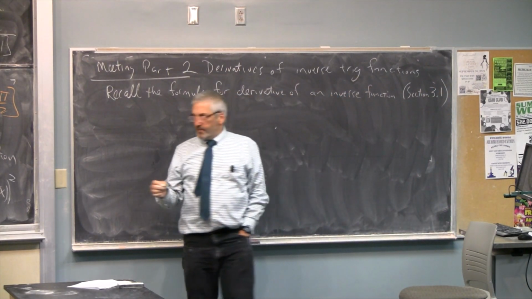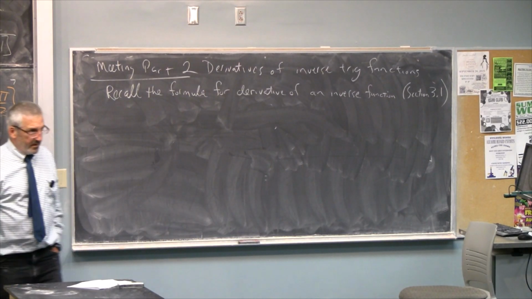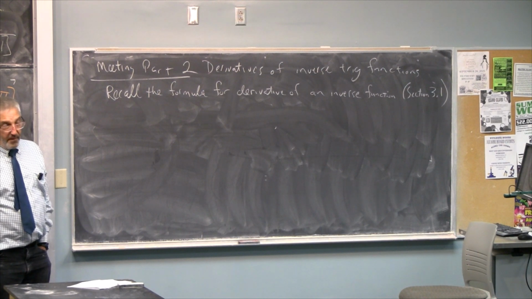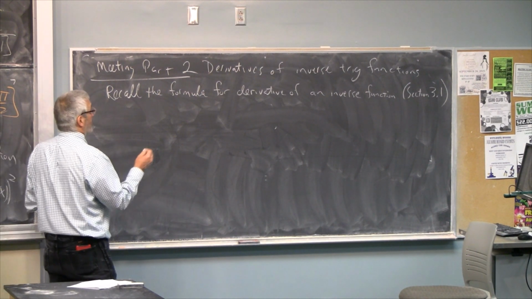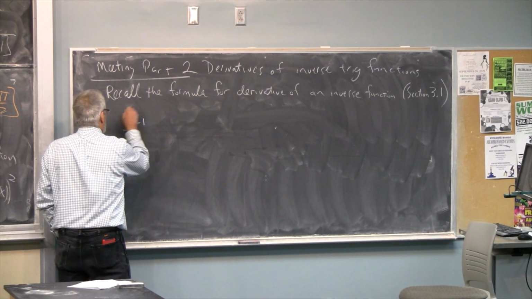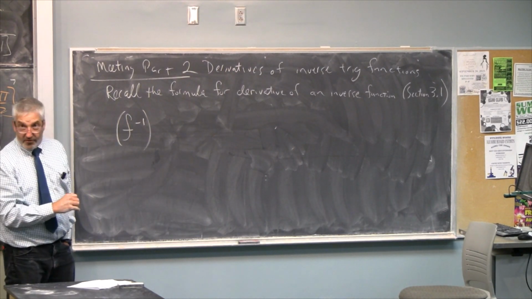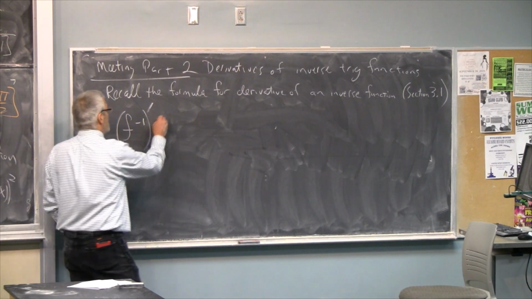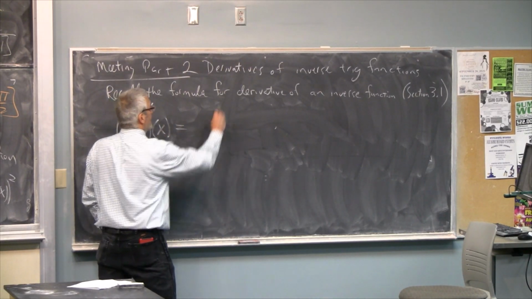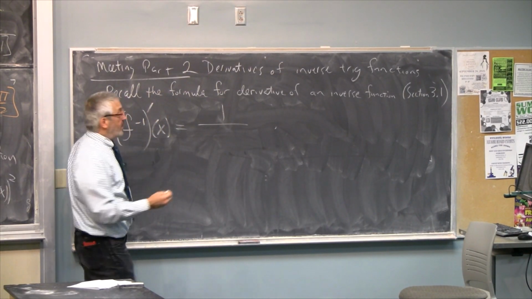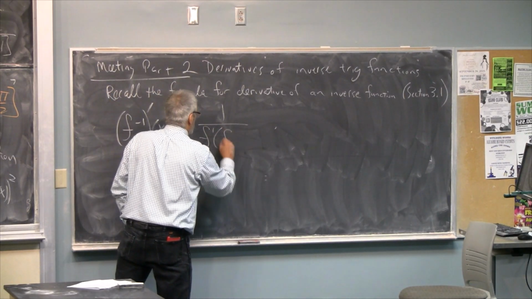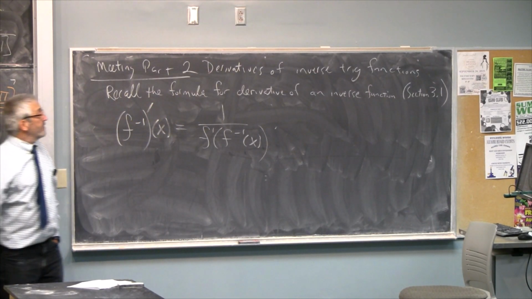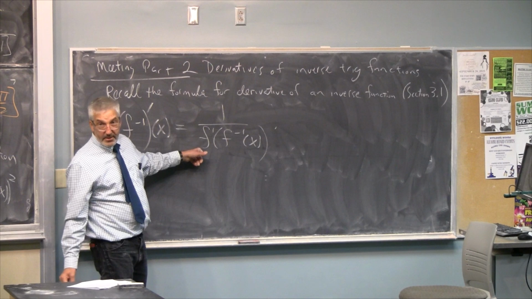Remember I said the content in today's lecture, the derivatives of these inverse trig functions, is not as important as the stuff that it's going to make you review. So there's a symbol for the inverse function. Here's the symbol for its derivative. F inverse prime is 1 over f prime of f inverse of x. And this is true anytime the denominator is not 0.